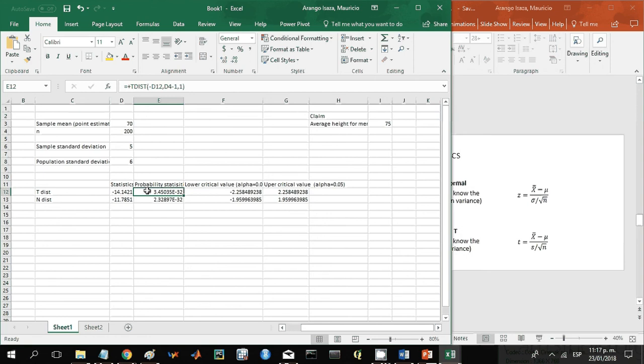Because otherwise this is going to give me the right tail, and that is going to be something really big over 0.5, and that's not what I'm looking for. I'm looking for the two values of the statistic that are going to be comparable to the critical values of the rejection area.